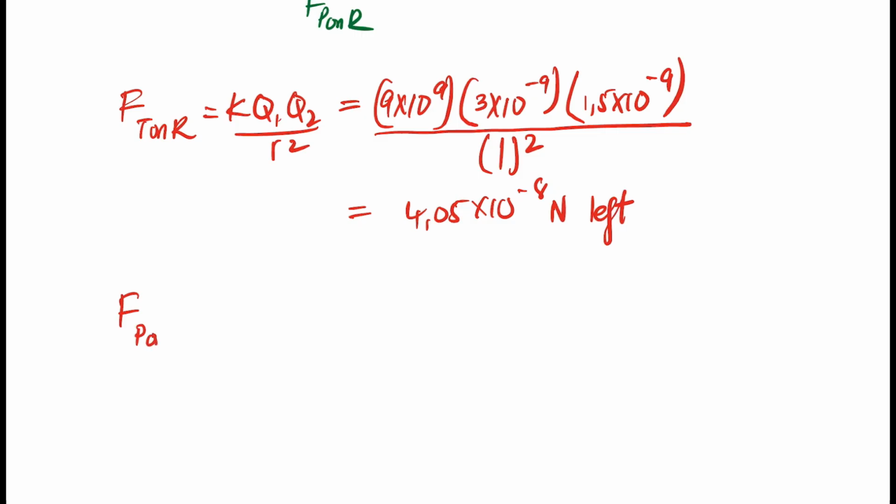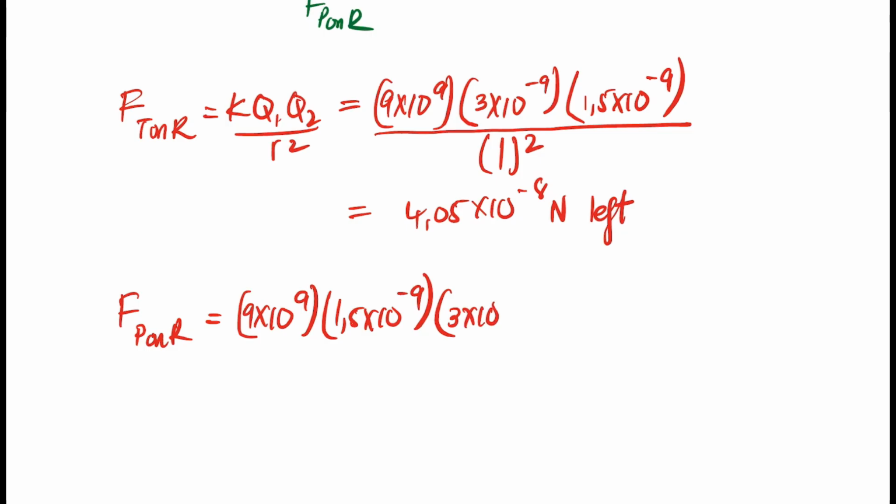Of P on R. Now I'm not going to write the formula since I wrote it before, so we put the K there, and I put R there, and then I put P. Now P is also 1.5, it's the same, but the difference now is going to be the distance.